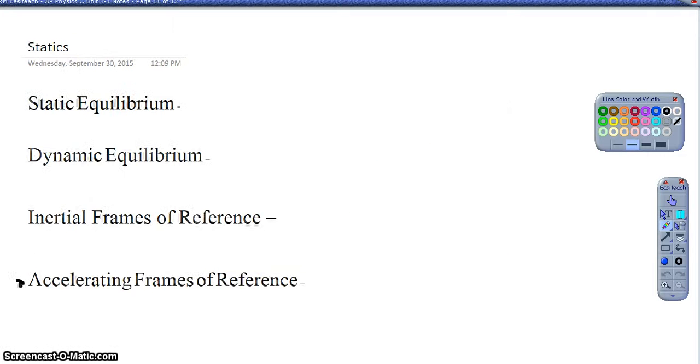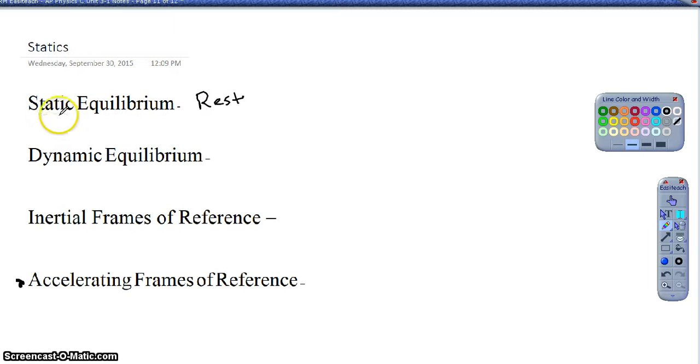Here, a couple definitions that I do want to give us. You'll see statics referred to from time to time. There are actually courses in college, particularly if you go into engineering, that are literally built upon statics, so let's recap what that means. Static equilibrium refers specifically to when an object is at rest.